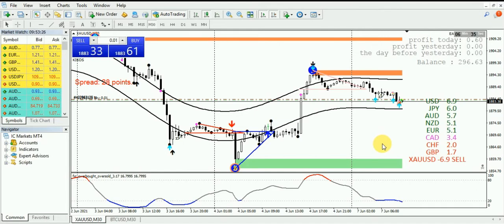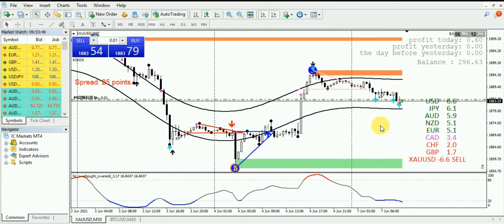If you are using the manual one, the indicators will show you possible reversal points, but you keep holding until all the indicators show you that this is your exit point. You exit and open another position.